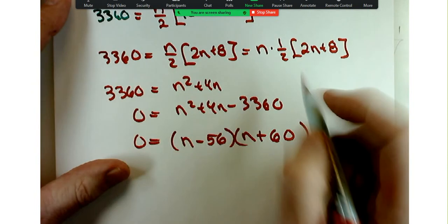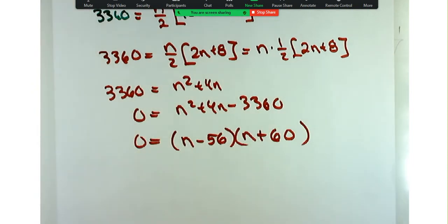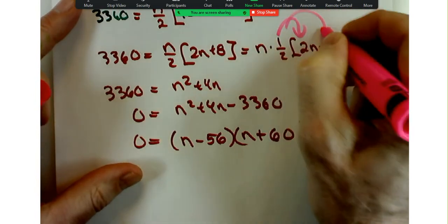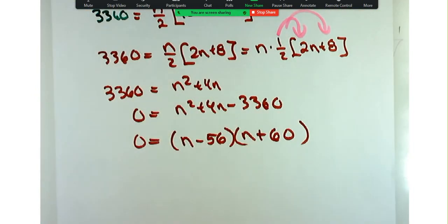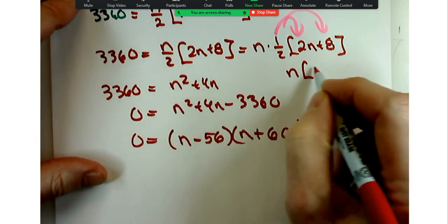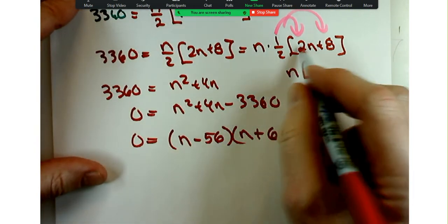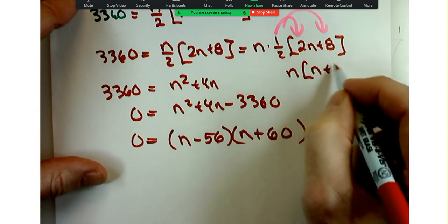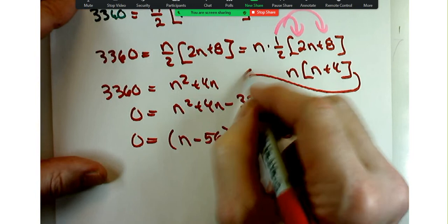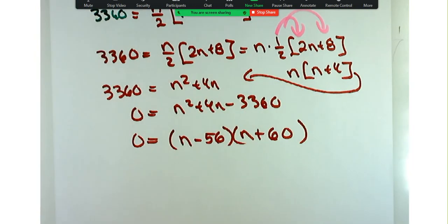Let me start by distributing the 1/2 first. I take half of each of these, so half of 2n is n, half of 8 is 4, and then distribute n from there. That makes sense. Cool.